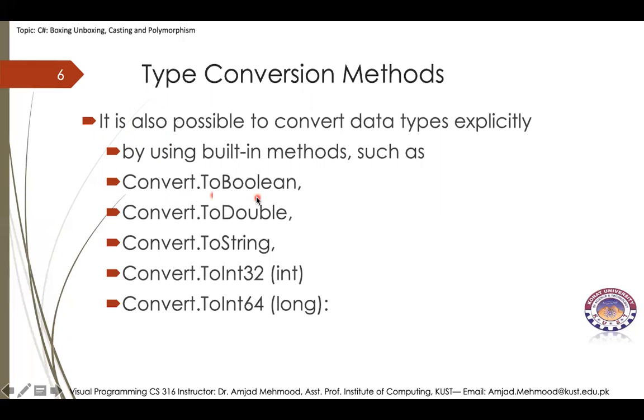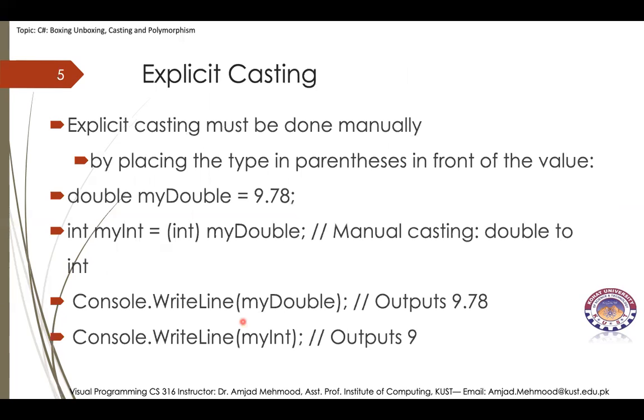Convert.ToBoolean will convert to boolean type, as its name indicates. Convert.ToDouble, Convert.ToString, this will convert into integer, and this will convert into long type. So we can do explicit conversion this way.